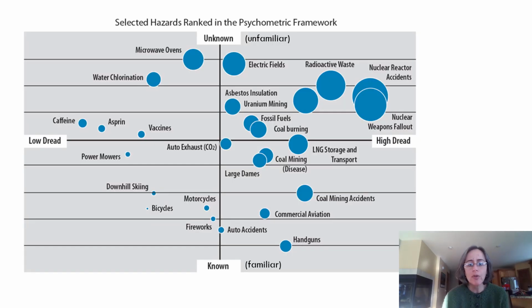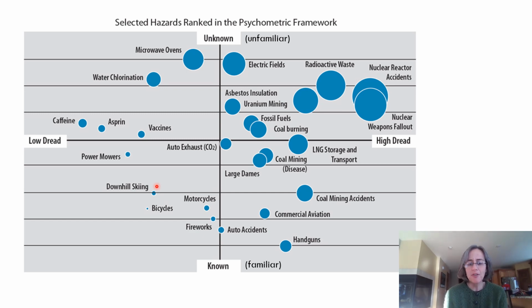So you can look at a whole variety of things that people are afraid of. So again, unknown and unfamiliar things and high dread things like nuclear weapons, nuclear reactor accidents, radioactive waste, right? All of these things are things that people are very worried about, whereas things that don't have a high sense of dread and are very familiar to us, like bicycles and motorcycles and skiing, we're not so worried about those things.